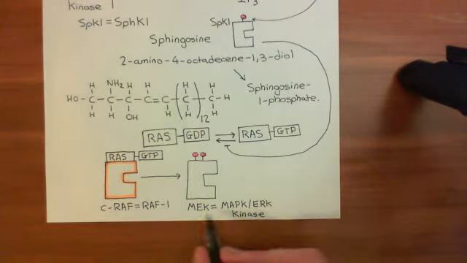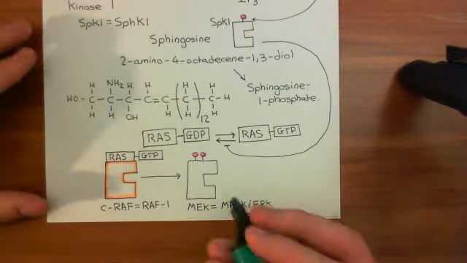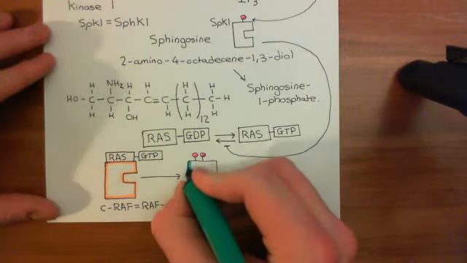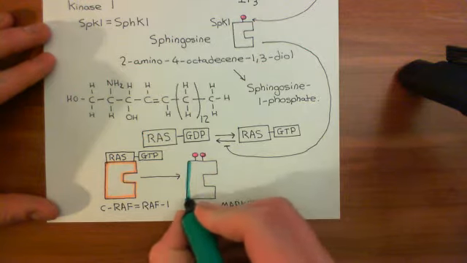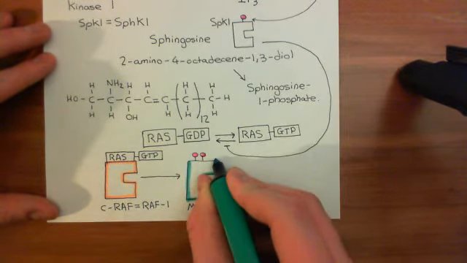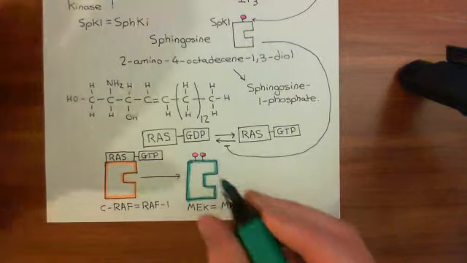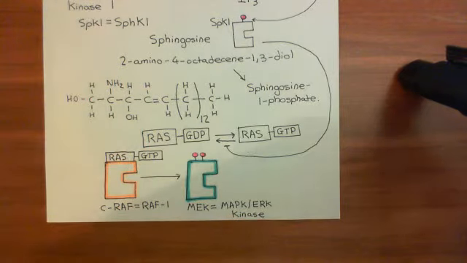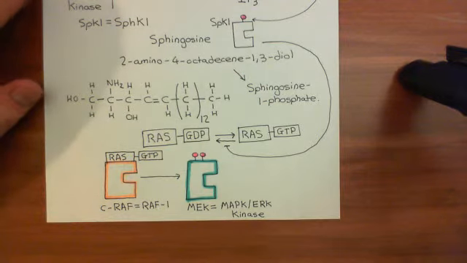Okay, so that's MEK. Now, MEK itself is a kinase enzyme, but it would not be true to say that it is a serine threonine kinase, and also it would not be true to say that it's a tyrosine kinase either. Basically, it's going to add phosphate groups onto both a tyrosine residue on the next enzyme along, and also onto a threonine residue, so it's neither one nor the other, it's both.